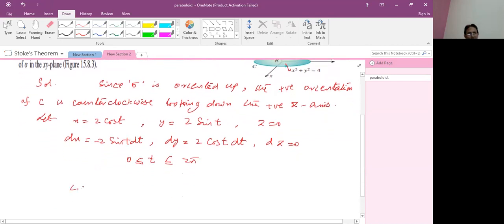So when we consider the left hand side of the Stokes theorem, the integral over C of F dot dr, student, what is F?